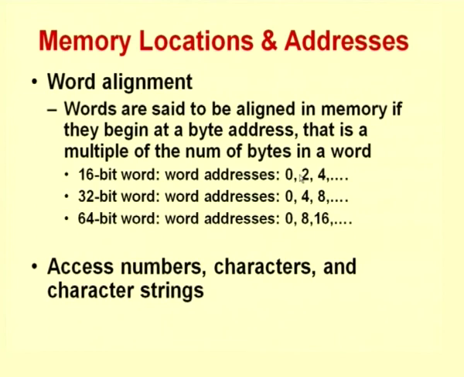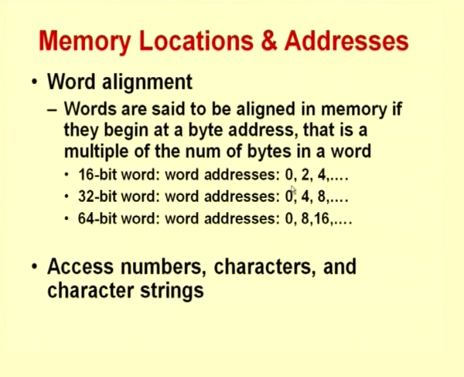But if I am accessing locations 1 and 2, I will have to take part of the data from location 0 and part of the data from location 2. So, you will actually be doing two accesses to memory. This is a problem with misaligned memory access, but if you do an aligned access, it will get over in a single access.